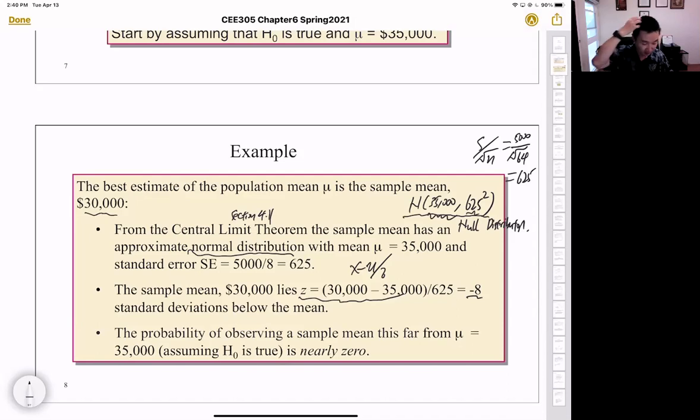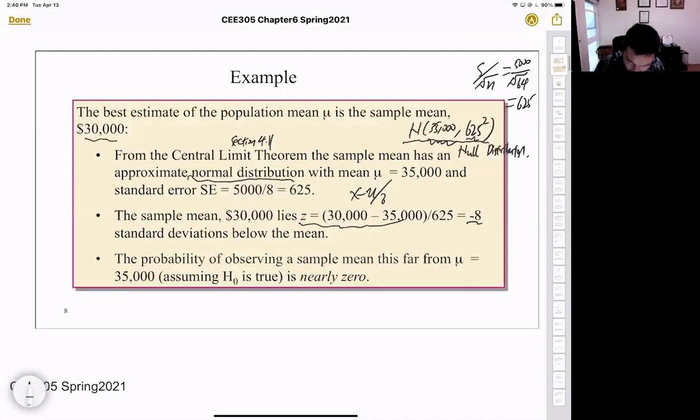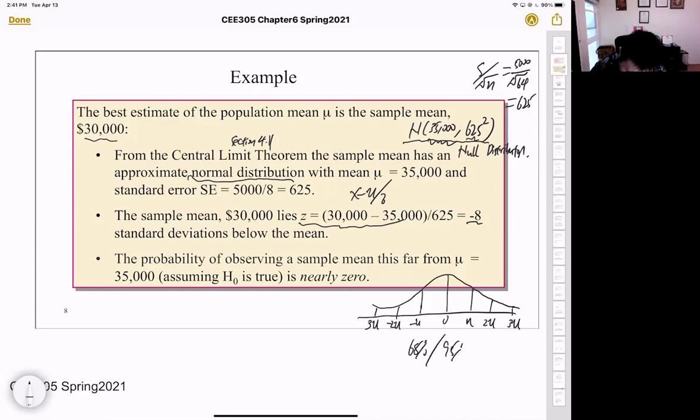And we know for a normal distribution, we have the so-called 68%, 95%, and 99.7% rule.